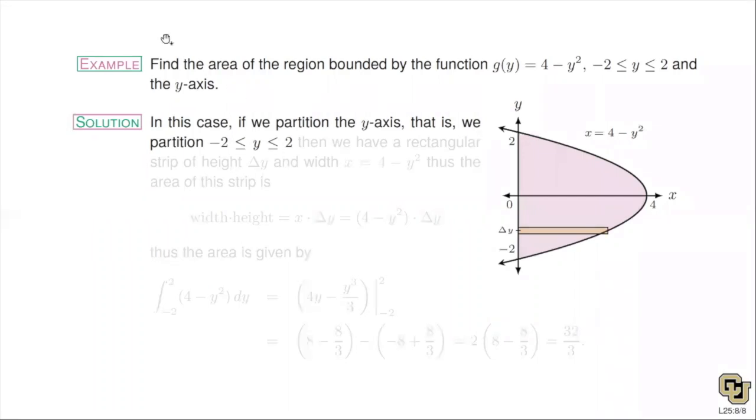So here's the graph. And what do I mean by partition? We're dividing the y-axis into little subintervals of some very small width. Here you have n subintervals, where the width is the top number minus the bottom number divided by n.